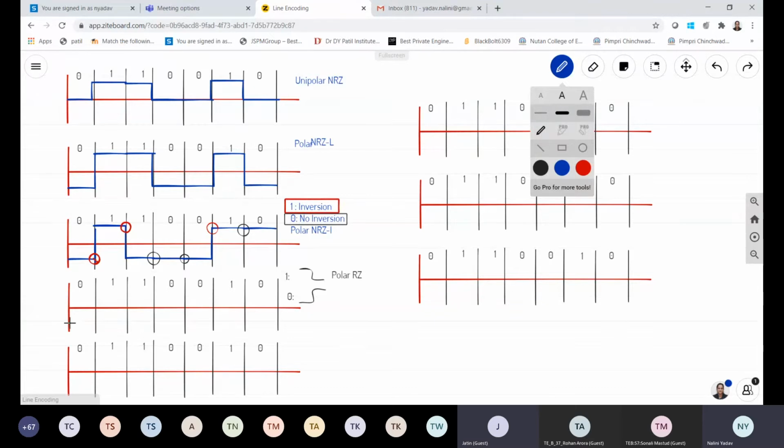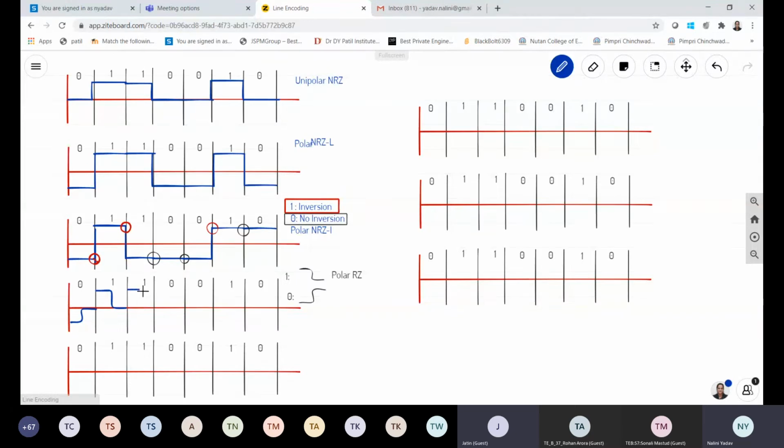Okay. So 0 I will be representing like this. 0 I have represented like this. 1 I will represent like a simple Z. Again, 1 is there.